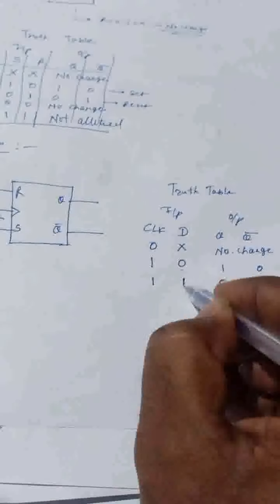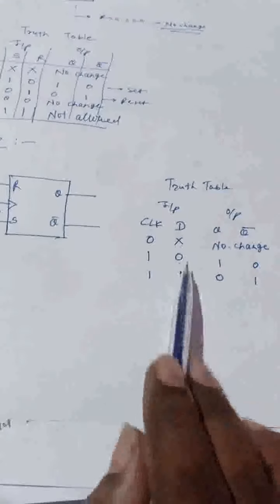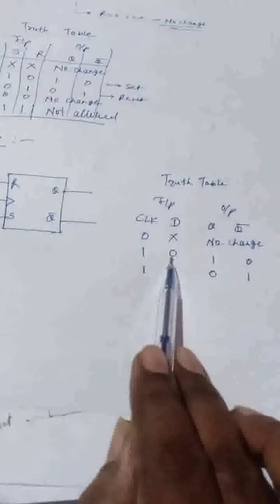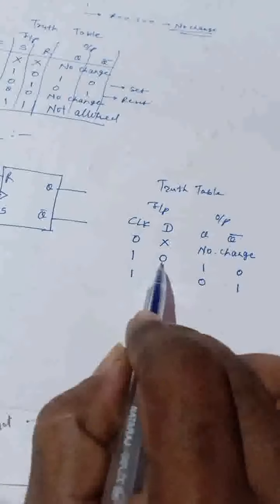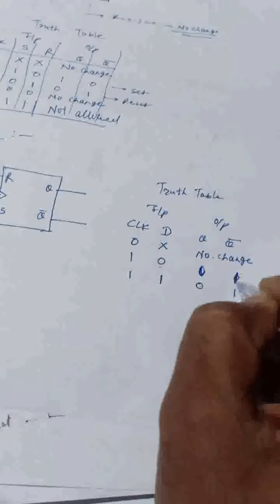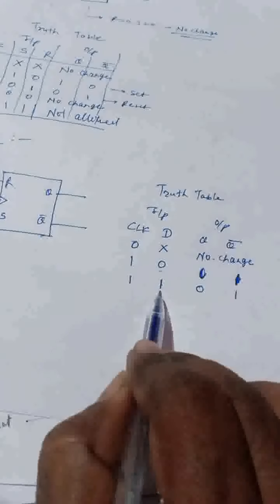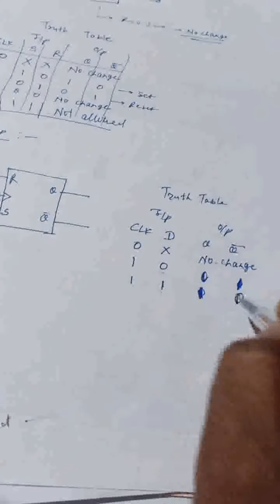So this is the working of the D flip-flop, only 0 or 1. Oh, sorry. When D is 0, then Q is 0 and Q bar is 1. If D is 1, then Q is 1 and Q bar is 0.